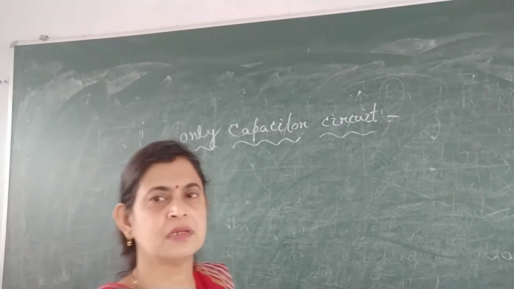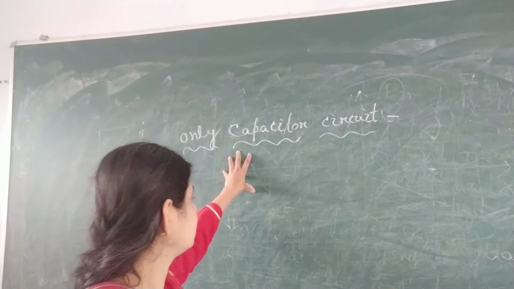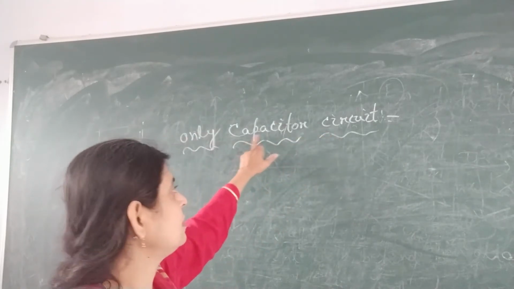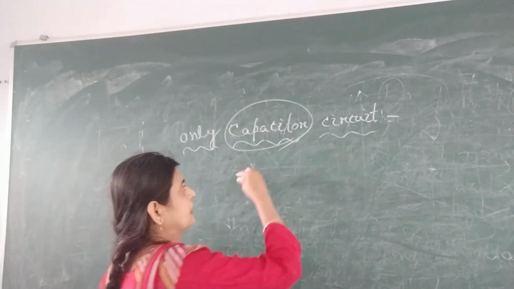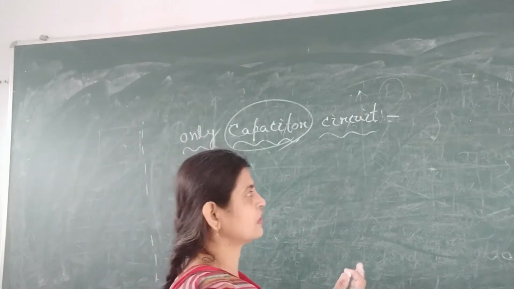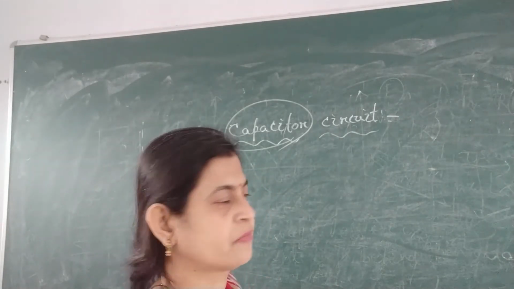Dear students, now we will consider a circuit which consists of only a capacitor, and at that time how the voltage and current will vary.